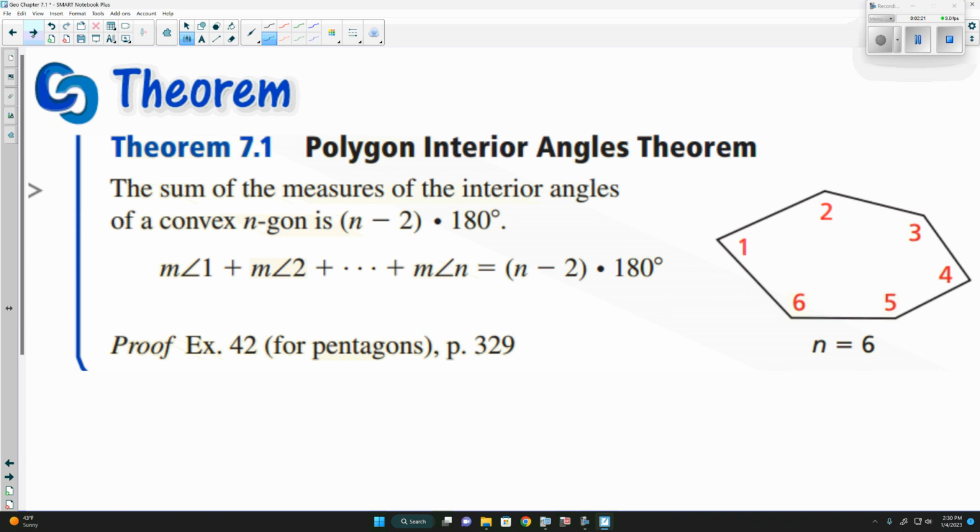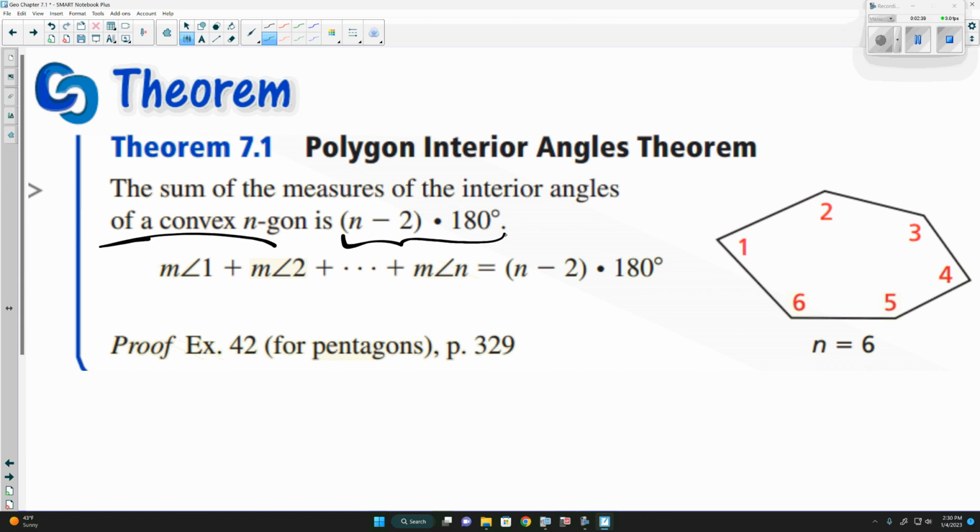The sum of the measure of the interior angles of a convex polygon is given to us by the equation n minus 2 times 180, where n is the number of sides. And this works for any figure.